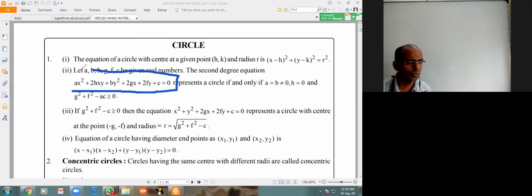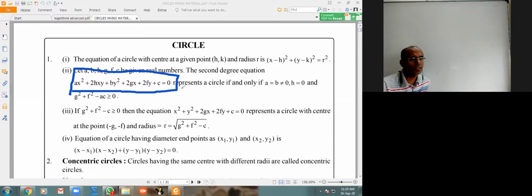This equation is a second degree non-homogeneous equation. It will cover pair of straight lines. It will cover circle, parabola, ellipse, hyperbola. It also represents nothing. It may represent a single point, which can be considered as a point circle also. It can represent all these 6 things: pair of straight lines, circle, parabola, ellipse, hyperbola, nothing. You can even call a single point, so total 7 things.